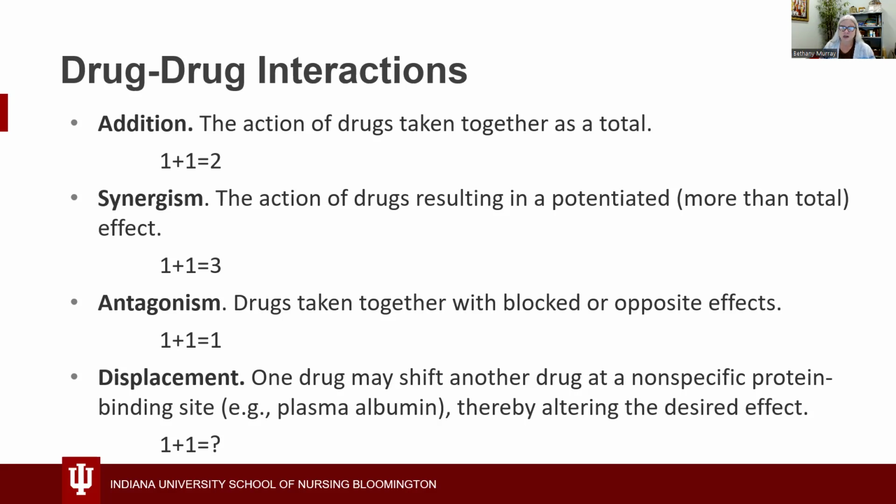A synergistic drug interaction actually means that the drugs, because of the way that they are metabolized, will make one another stronger. So if you take a drug that's synergistic, it will result in a potentiated action. One example I can think of is the antidepressant fluoxetine, commonly known as Prozac, which is synergistic with quite a few medications, including some anti-anxiety medications and also some high blood pressure medications.